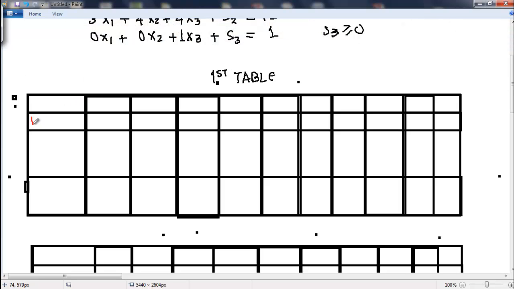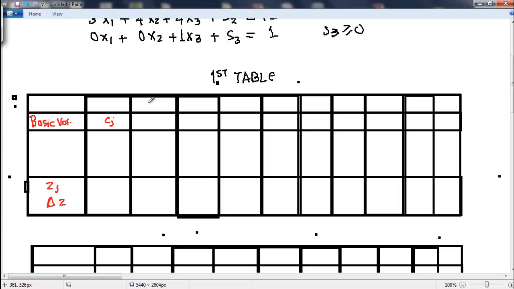So here you have the basic variables. Here you have Cj, here you have Zj and delta Z. We'll see how we complete all these blank spaces.